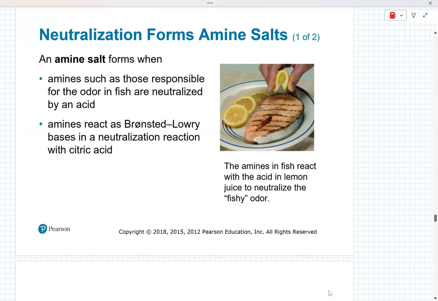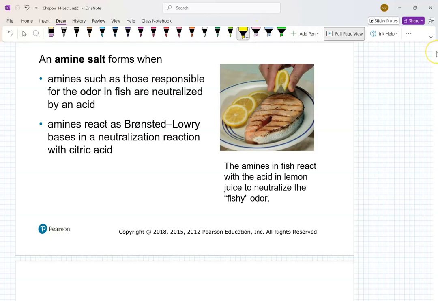So, since amines act as bases, even though they are Bronsted-Lowry bases, they're still bases. The base can be neutralized by the acid. Does that make sense to you?